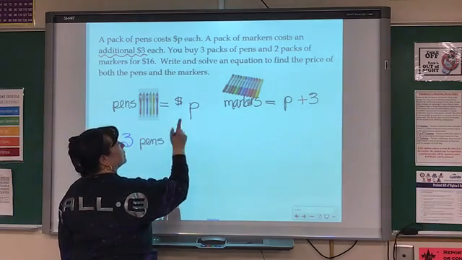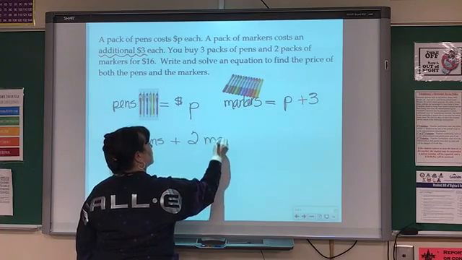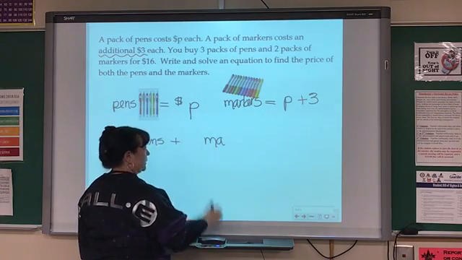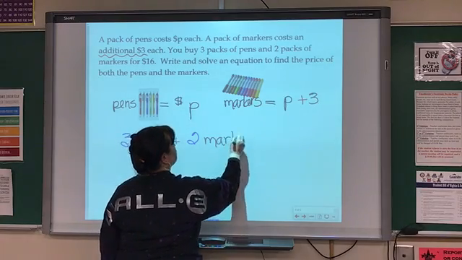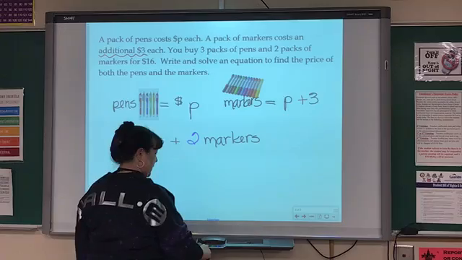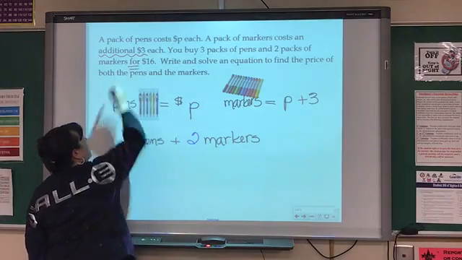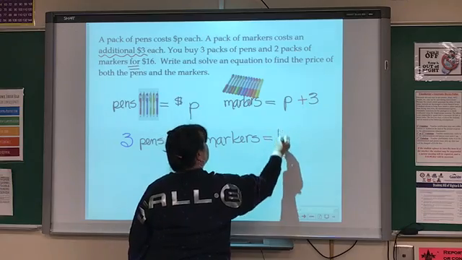And 2 packs of markers. So I'm going to write, I have 2 packs of markers. And that is going to be for $16. So those together are going to equal $16.